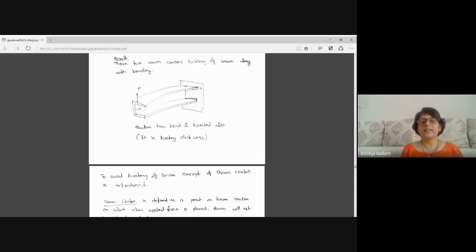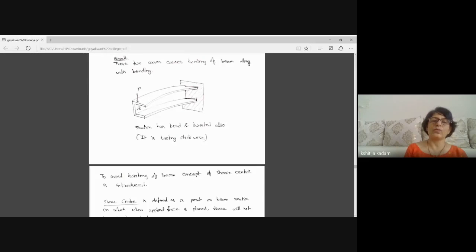So take this example: this is a cantilever beam having a C section. C section means the cross section is like the capital letter C. In the cross section you can see I have shown a dot which is the centroid, and along that centroid, a vertical force P is applied.